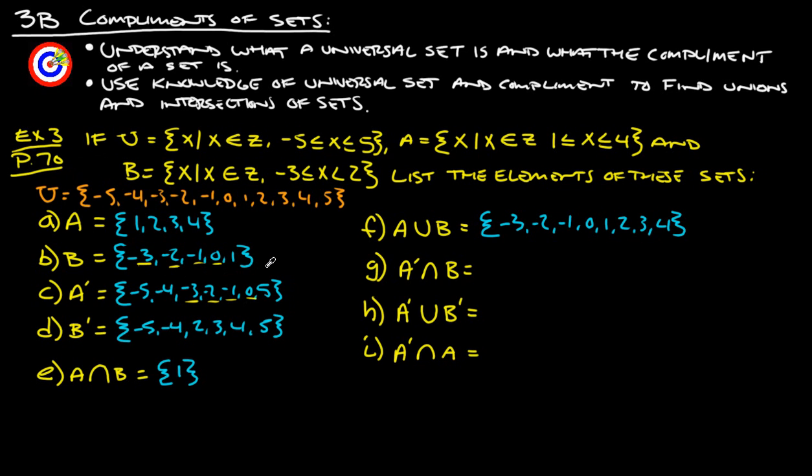So it's those four there: -3, -2, -1, and 0.